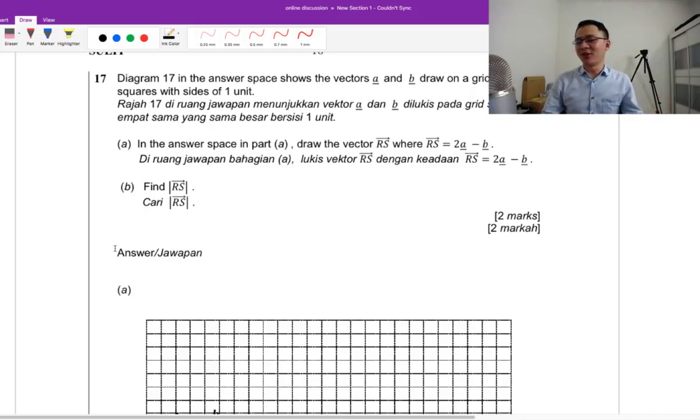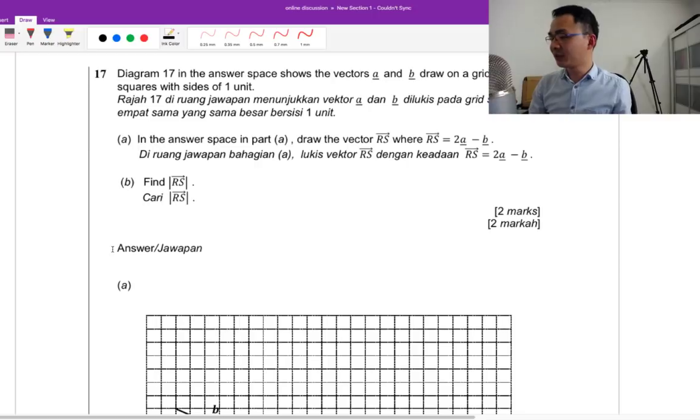It's fine because your exam is tomorrow, so I hope I can finish early and you all can go rest early. Alright, let's have a look at this vector question.